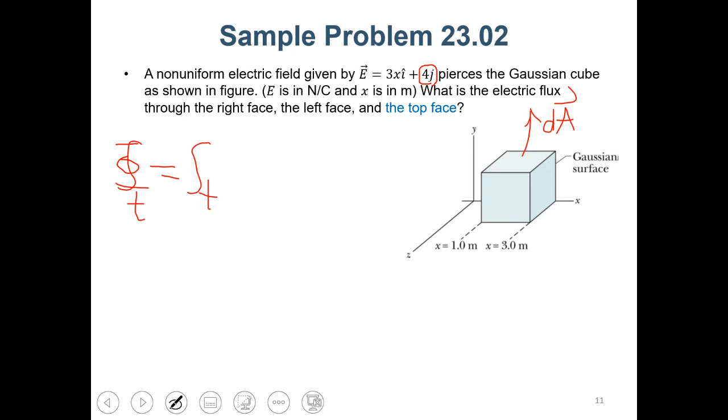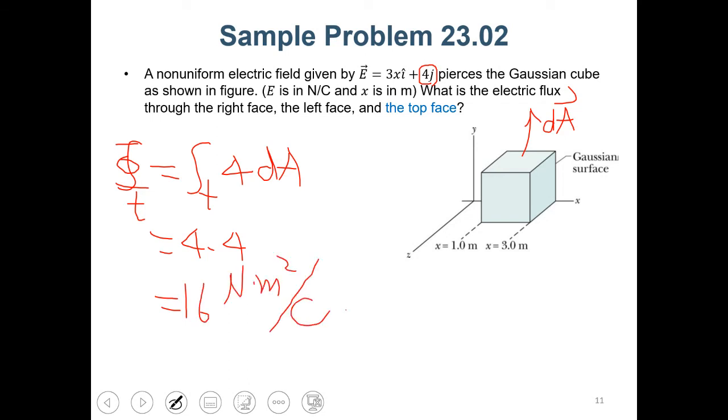E is 4, and dA is on the positive y-axis. So we have 4 dA. So finally, we have 4 times 4, which is 16 N m squared over C. So for this one.